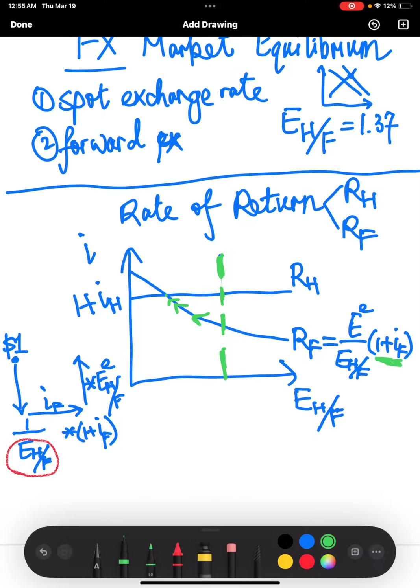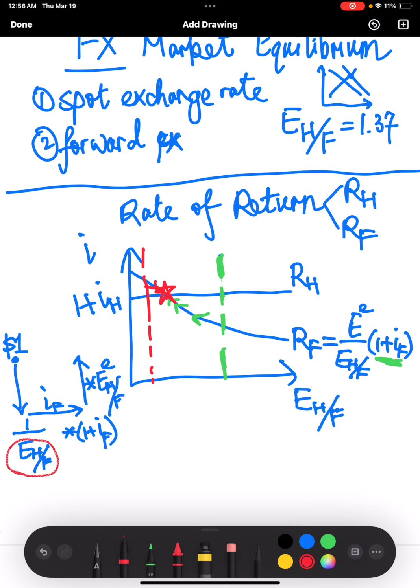Same thing if you're here, where the rate of return abroad is higher: you're going to invest in the foreign market, which increases the demand for the foreign currency, so the exchange rate will increase and your home currency depreciates, up to this equilibrium point.